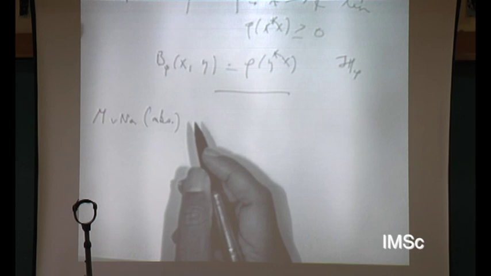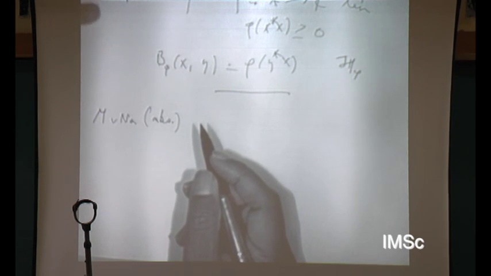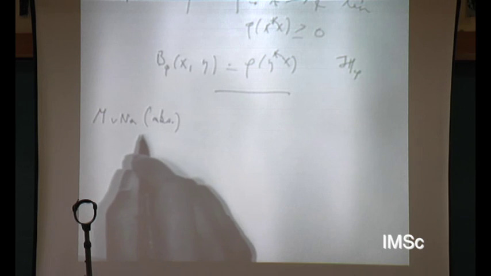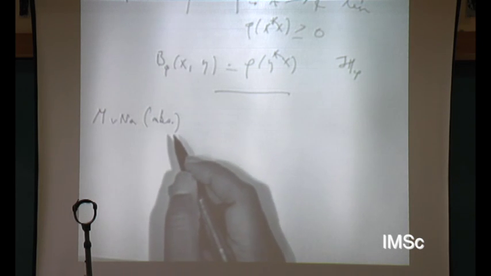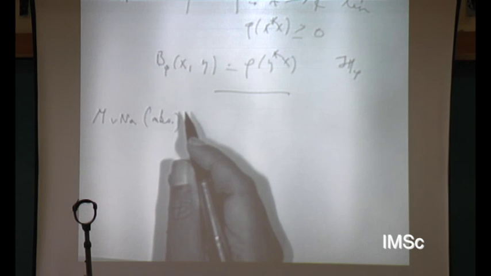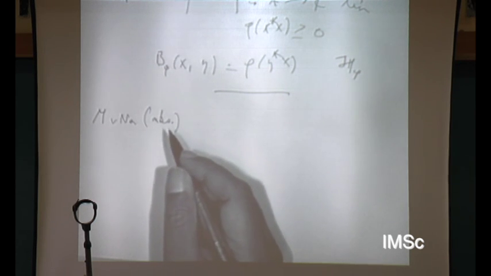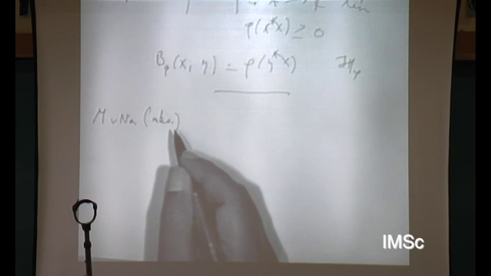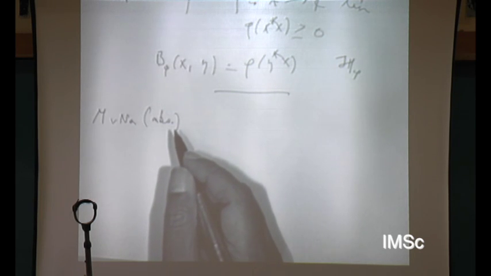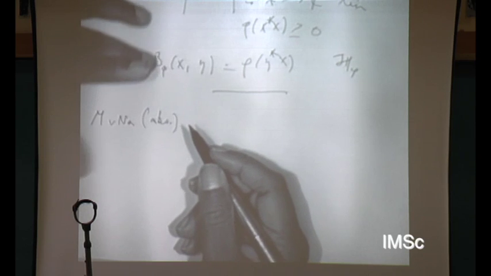The sigma weakly continuous star algebra homomorphisms. So we want a sigma weakly continuous star algebra isomorphism of M onto a concrete von Neumann subalgebra of some B of H.